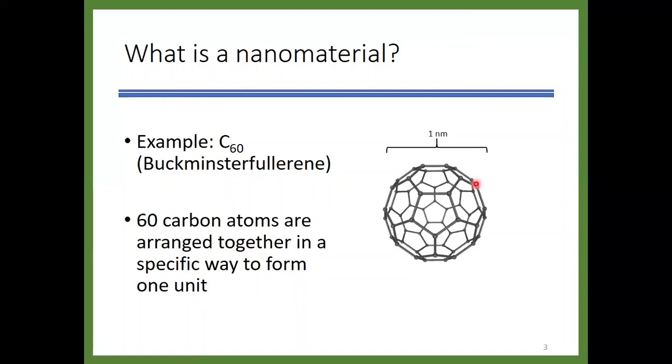If you measure the diameter of this molecule, it is just 1 nanometer. Later let's see what this 1 nanometer is. This is the size of the buckyball, or the Buckminster fullerene molecule. So a particle like this, if you measure its size and it falls in these nanometer dimensions, we call it a nanomaterial. So this is one example, this Buckminster fullerene.